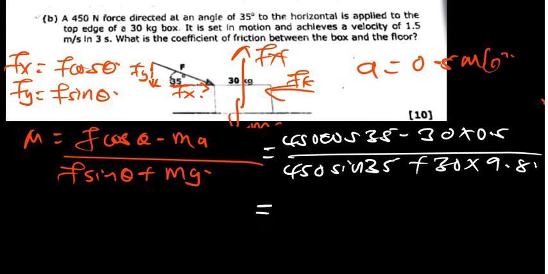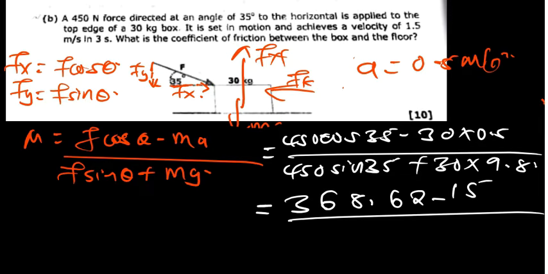So what would be our mu value? What would be 450 cos 35? This is going to give me 368.62 minus, we have 30 times 0.5, which is 15.